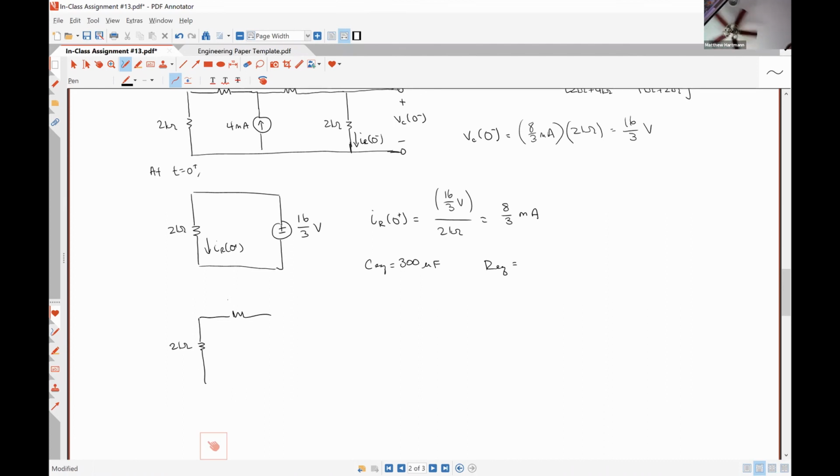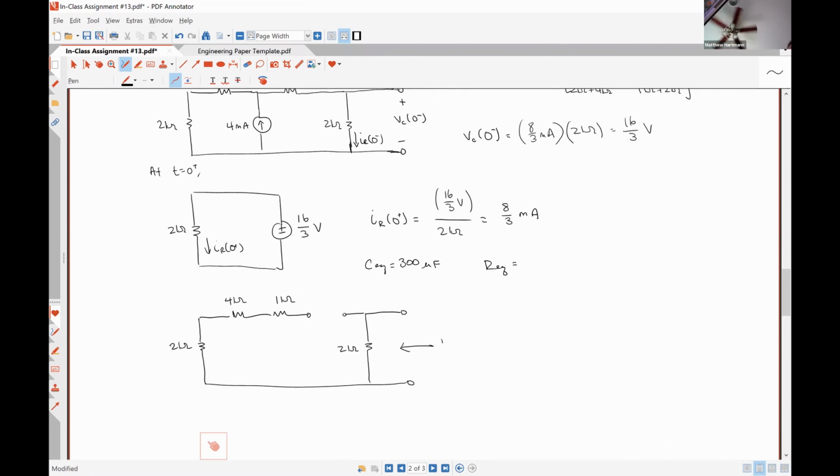Dead. So this was a 4 kilo ohm resistor. My current source is an open circuit. Here's my 1 kilo ohm resistor. My switch is opened. Here's my 2 kilo ohm resistor. Here are the terminals where my capacitor was.